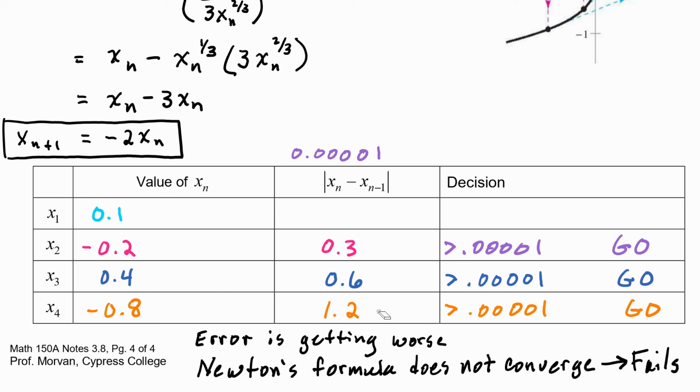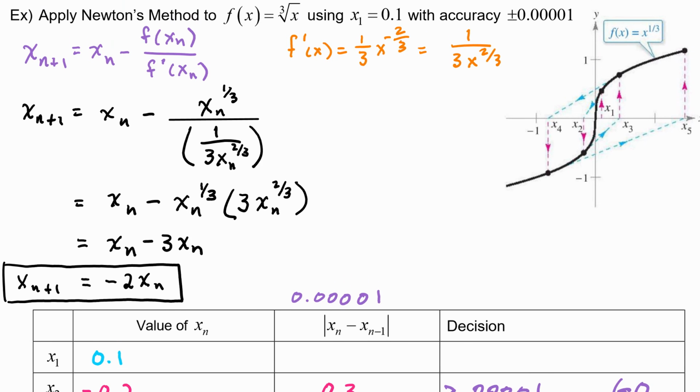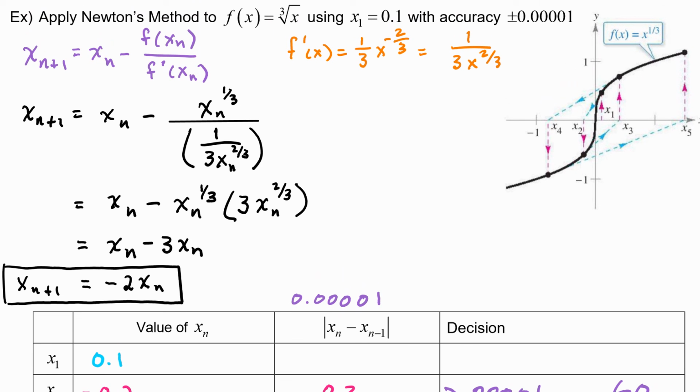Now physically what's happening, if we take a look at this graph again, at x1, if we find the slope of the tangent, that puts us here to x2, which was negative 0.2. Then we drop down to get x3, which was positive 0.4. And you can see we're actually farther away from this root than we were at x2.